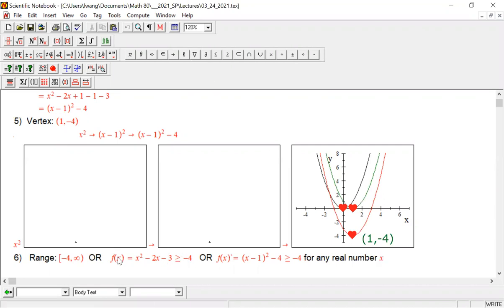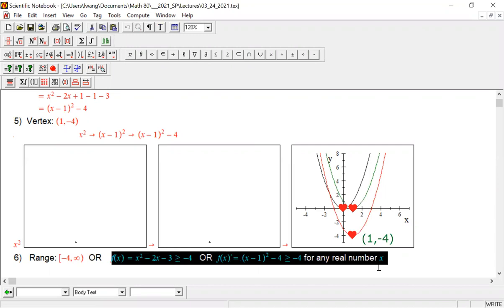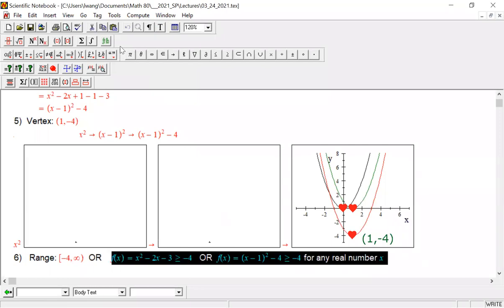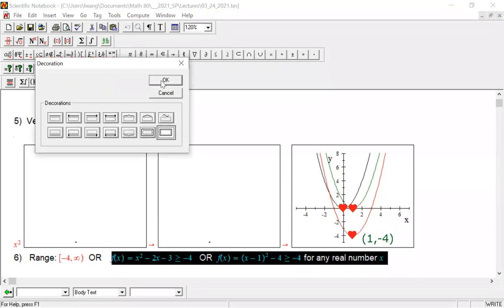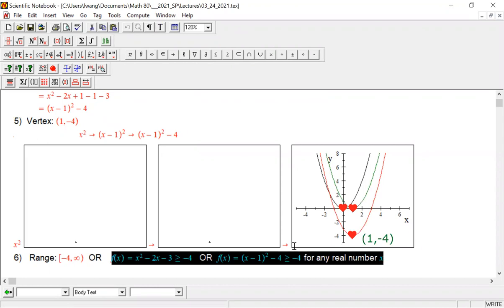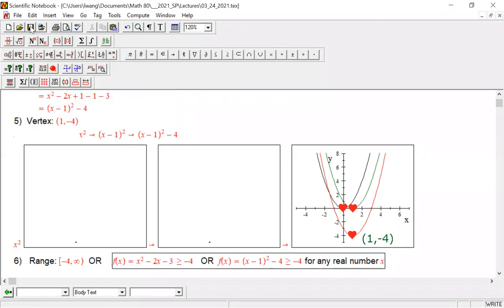So all these are the range, and this last one is of course the most difficult and most preferred. Let me box it. Okay, boxed. So that's the range.